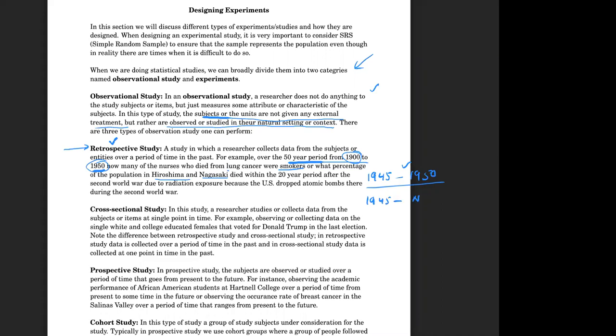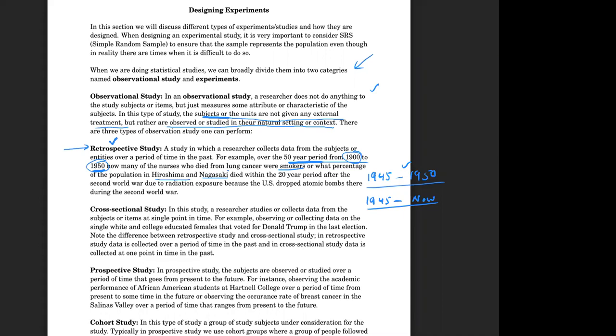That would be like looking back in time over a window of time. You are collecting data and observing and analyzing your subjects.